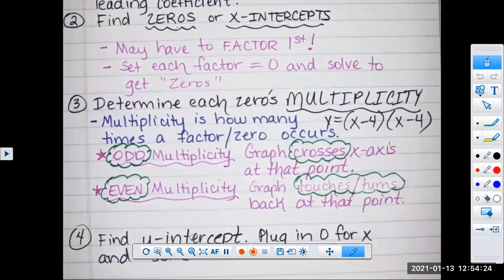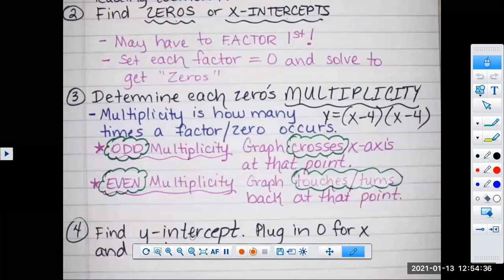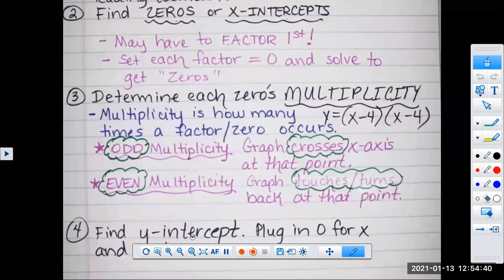The multiplicity of an x-intercept will tell you what it's doing at that point on the x-axis. If you have an odd multiplicity, your graph is actually going to cross completely over the x-axis at that point.